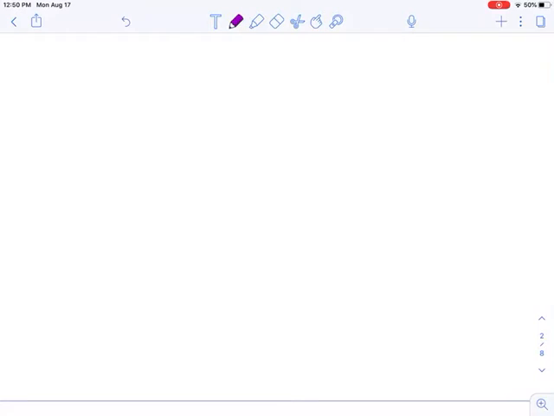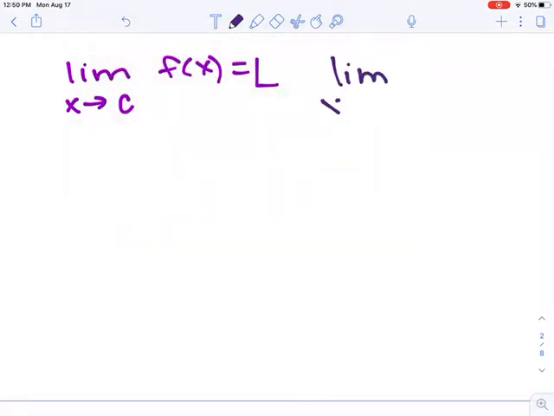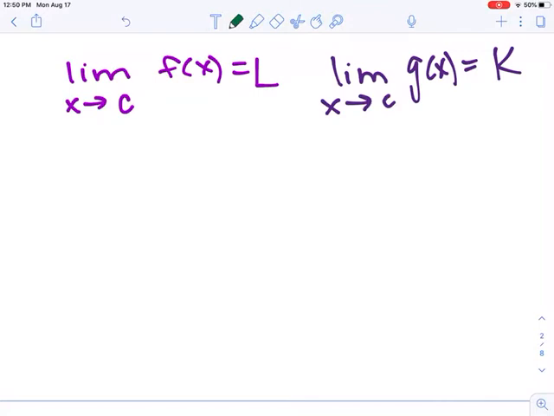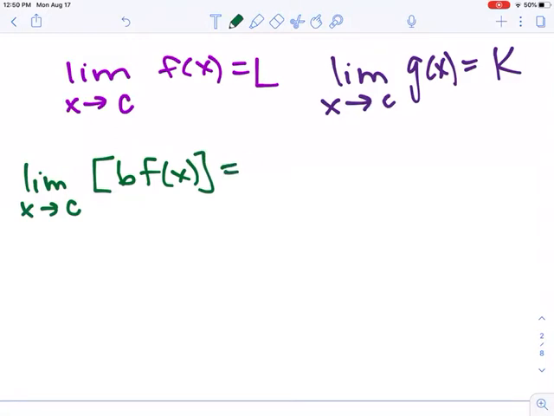So let's say we have the limit as x approaches c of f of x, and that is some limit L. And we have another limit as x approaches c of g of x, and that's some number k. What we can do, it is legal for us to take the limit of some number times that function, and it's just going to be that number times whatever the limit is.